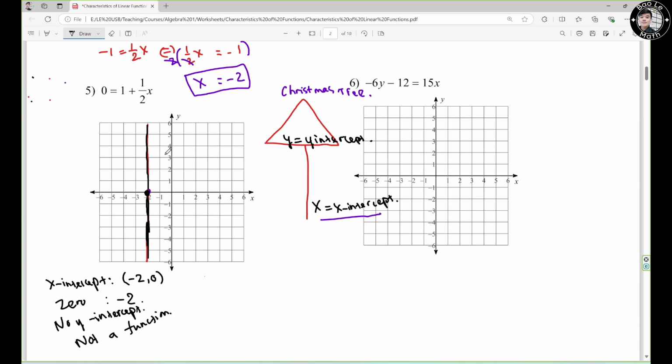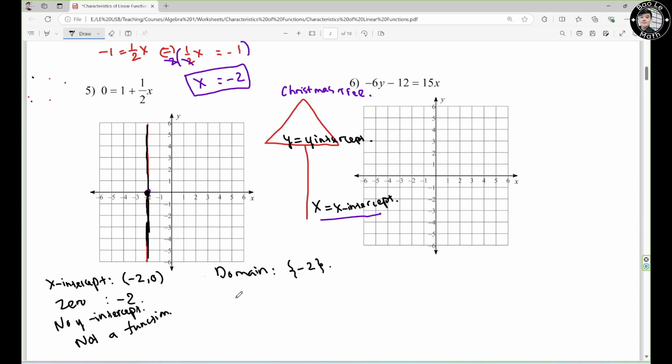Now we need to find the domain and range. The domain is the s value. When you move from left to right, you see that the graph right here stays at only the point negative 2. So the domain should be curly bracket negative 2, and then you close it like this.